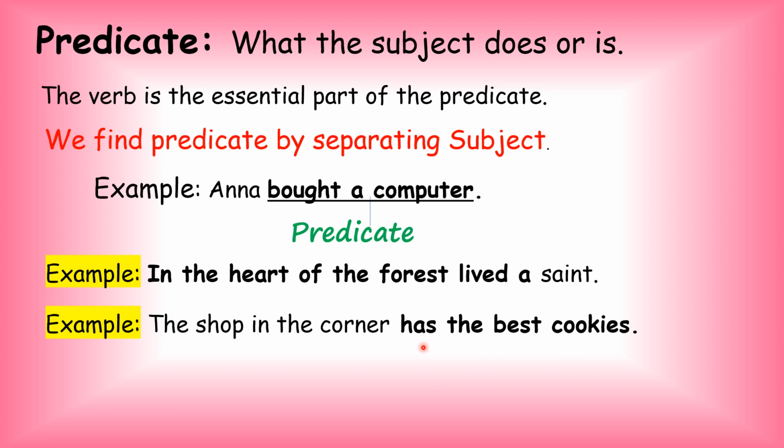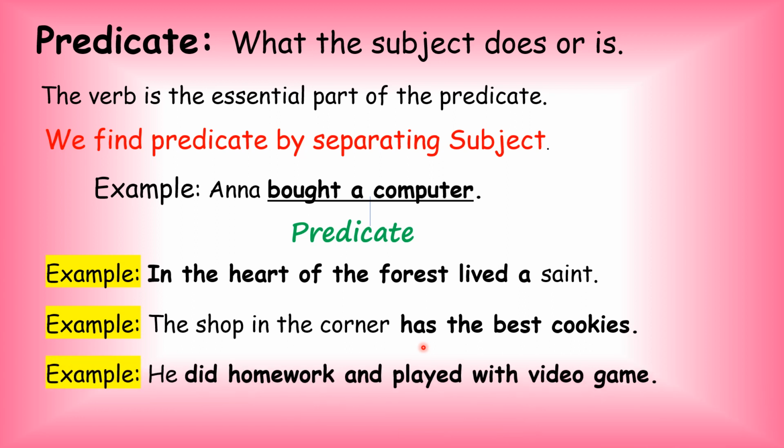Yes, children. Now let's take one more example. He did homework and played with video game. Who did homework? He. He did homework and played with the video game. So how do we know that he has done his homework or played video games?